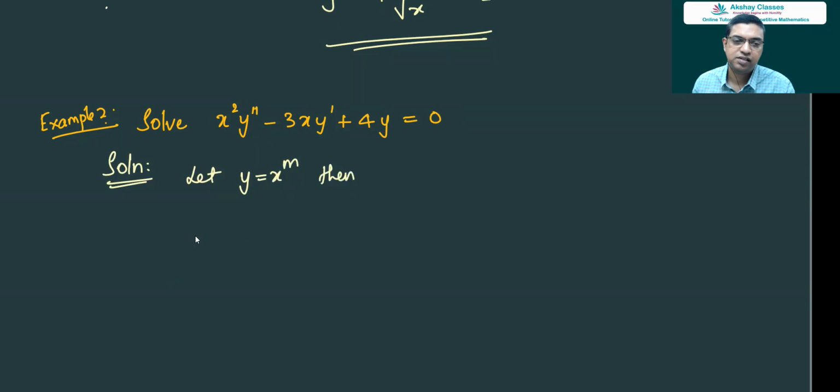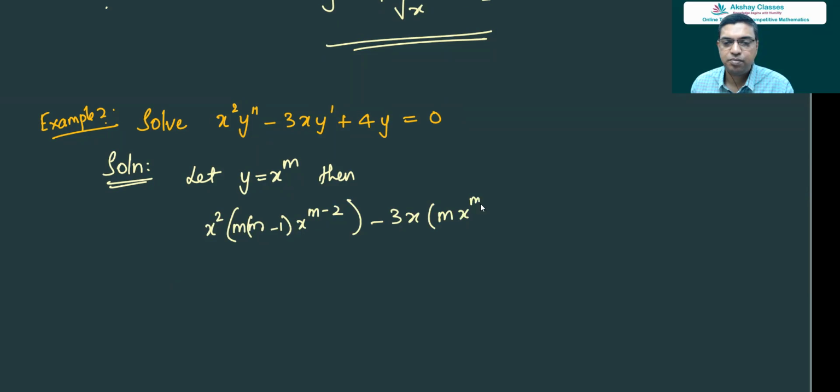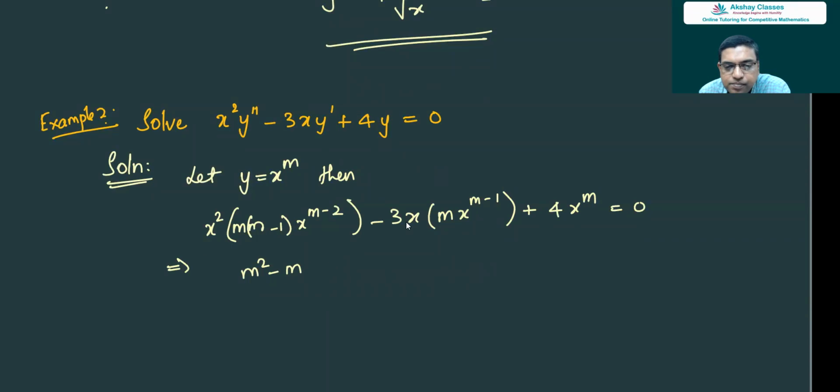Then x square into m into m minus 1 times x power m minus 2, minus 3x into m x to the power m minus 1, plus 4x to the power m equal to 0. So we get m square minus m, then we have minus 3m plus 4 equal to 0.